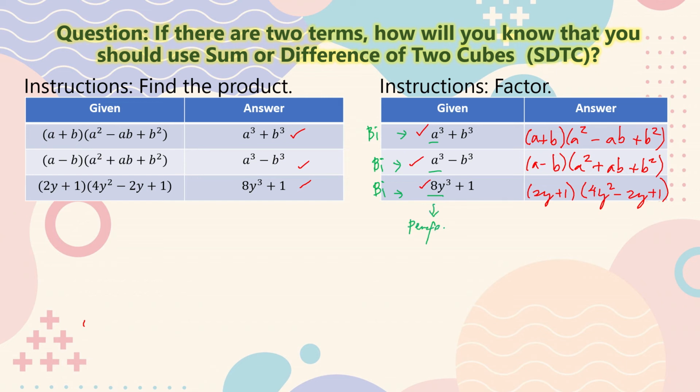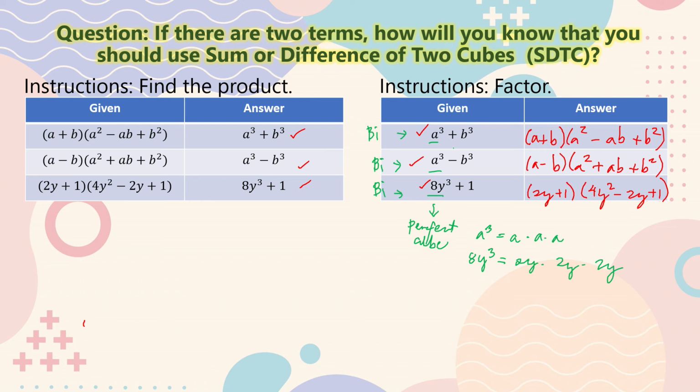How do we know if it is a perfect cube? If you can multiply a factor by itself 3 times. So for example, a cubed is a perfect cube because you can multiply a by itself 3 times. How about 8y cubed? You can also think of 2y for that. If you multiply 2y by itself 3 times, you will get 8y cubed.